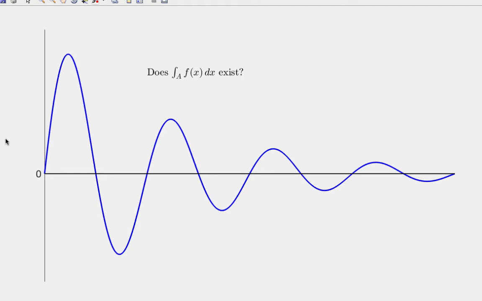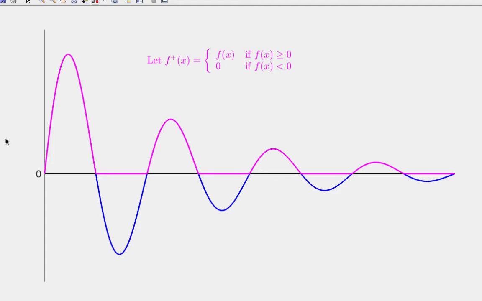Can't generic functions that are sometimes positive and negative exist if they happen to be unbounded in certain parts or if the domain is unbounded? Well, in fact, they can, and we can use our definition of non-negative functions to extend to functions that have both positive and negative parts.